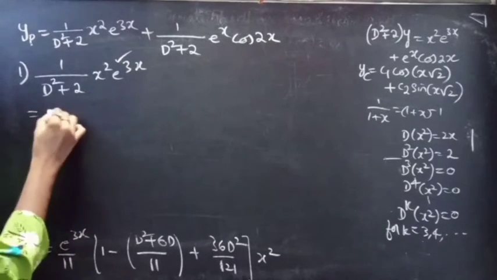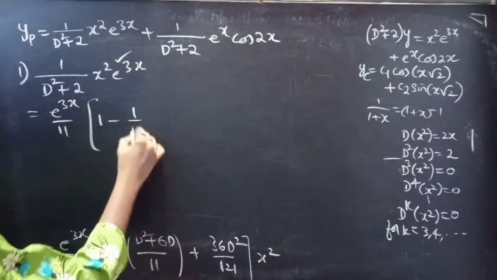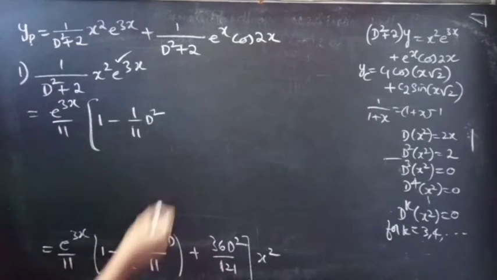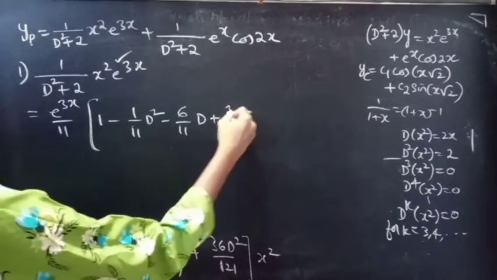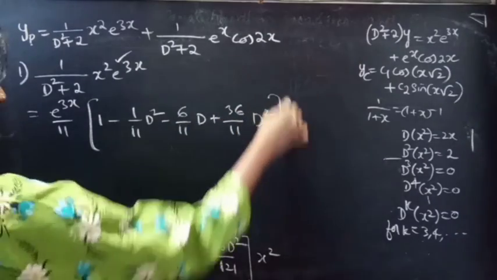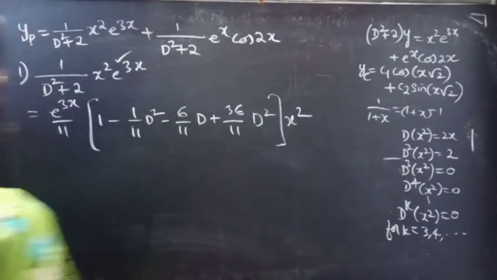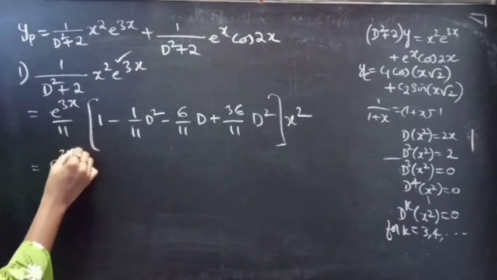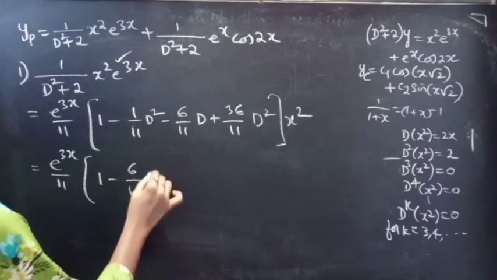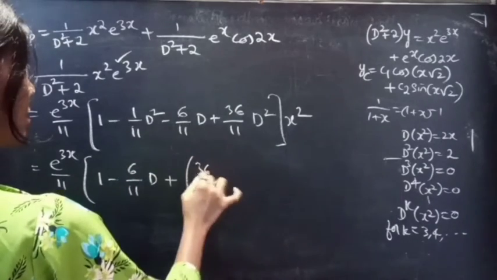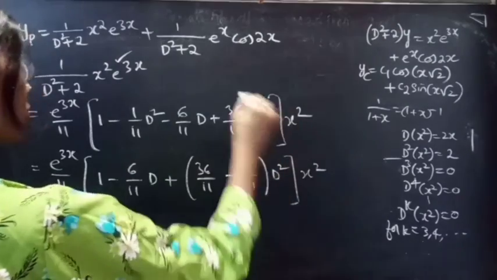Now this becomes e power 3x by 11 into 1 minus 1 by 11 into d square minus 6 by 11 into d plus 36 by 121 d square into x square, which is equals to e power 3x by 11 into 1 minus 6 by 11 into d plus (36 by 121 minus 1 by 11) into d square.